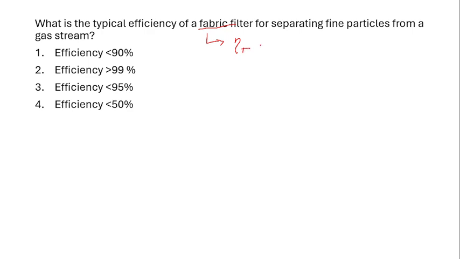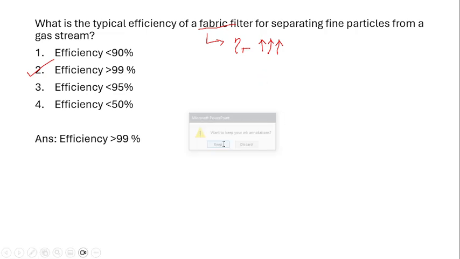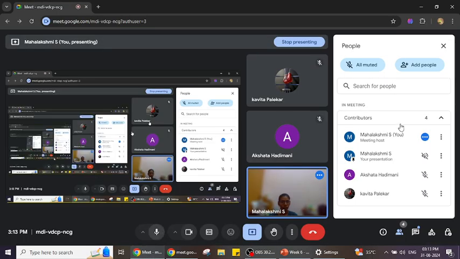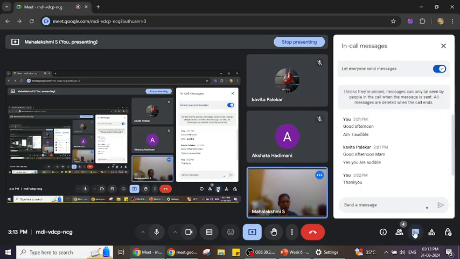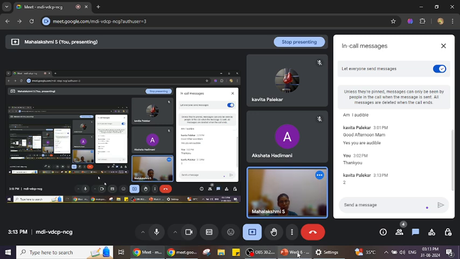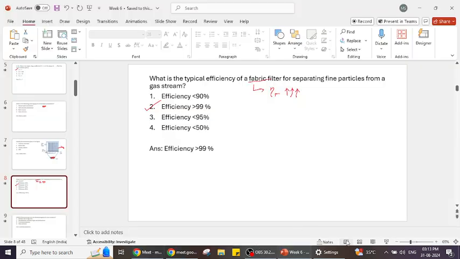The total efficiency of the fabric filter is very high when compared to the electrostatic precipitator. So the maximum efficiency is 99%. Next to that comes the electrostatic precipitator. Yes, second is the right answer.